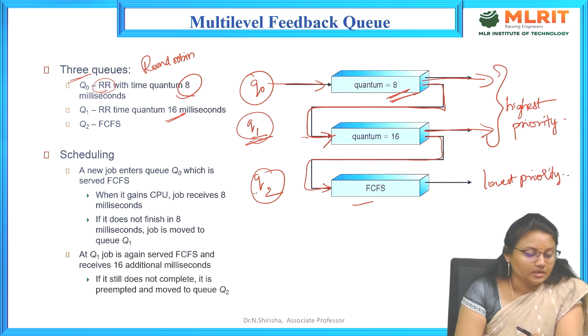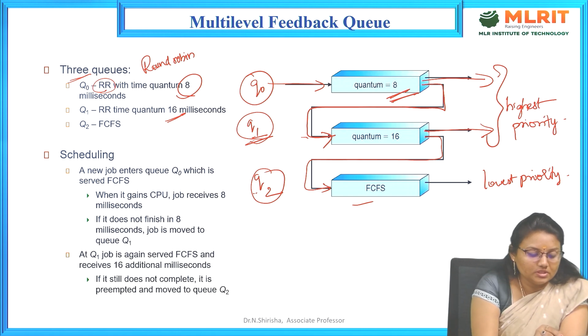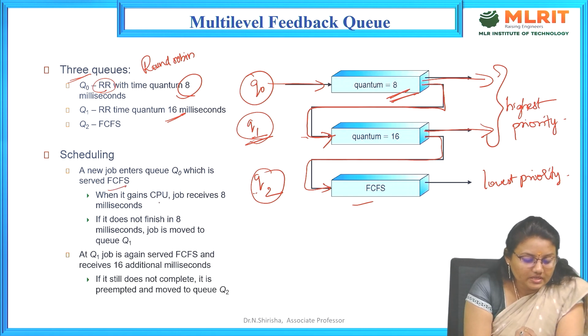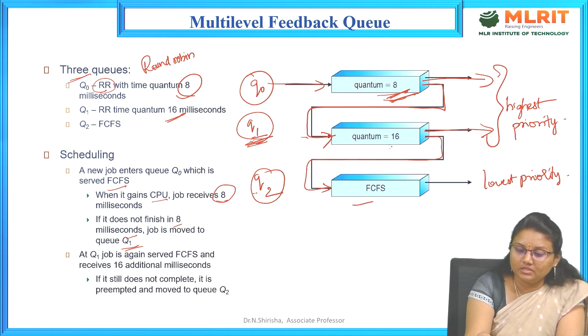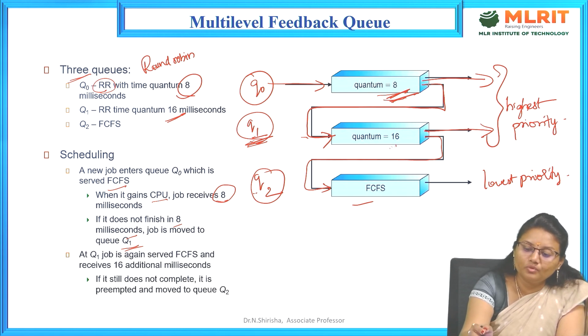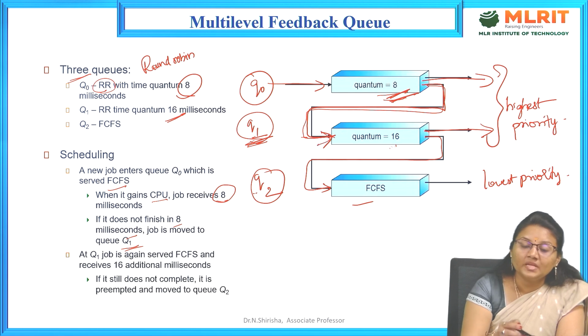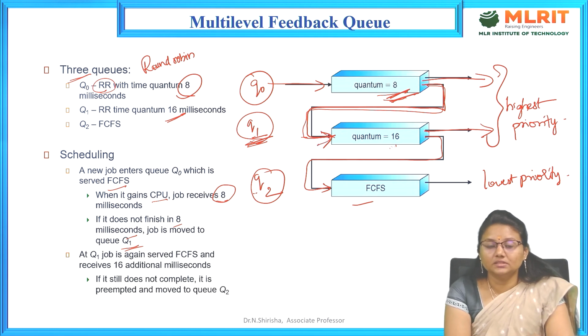Then a new job enters the queue, which is served as FCFS. When it gains the CPU, the job receives 8 milliseconds. If it does not finish in 8 milliseconds, this job is moved to Q1. So if it is not executed in 8 milliseconds, then we are increasing the quantum. The time quantum is more here, therefore we are moving this from Q0 to Q1. Now what is happening in that case?